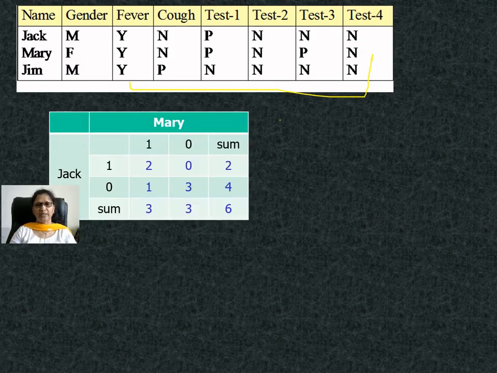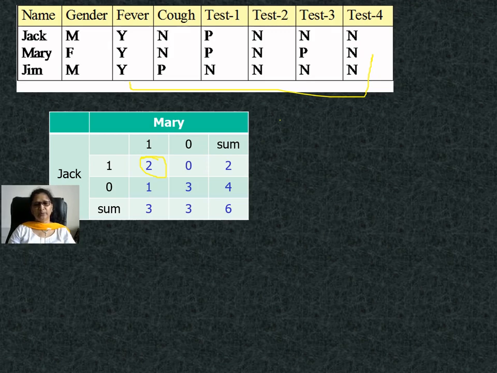So for each pair, a contingency table. So this is a contingency table for Jack and Mary. We have to construct this contingency table by counting all such values where the value for Jack and Mary both are 1. So if you look at fever, they both have the yes value, and similarly for test 1 both the values are 1 1, that is positive. So the count comes out to be 2.